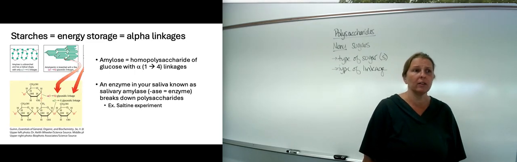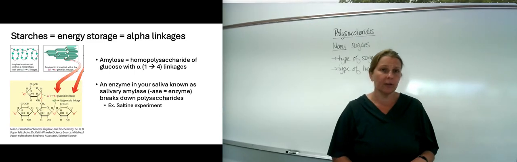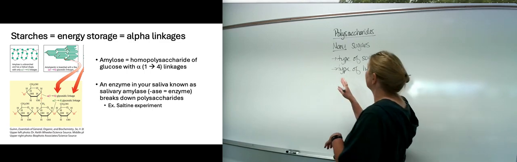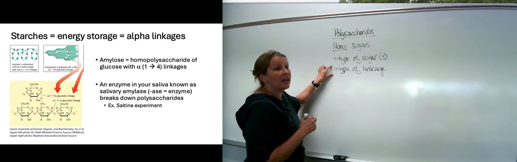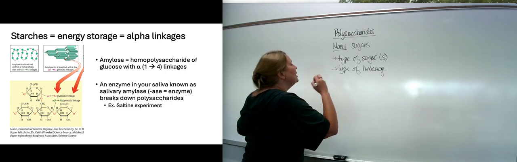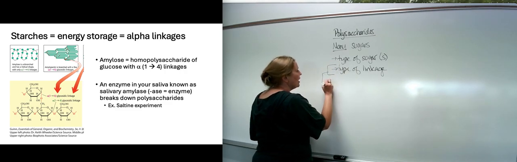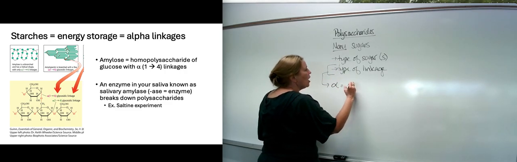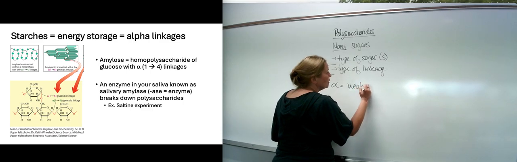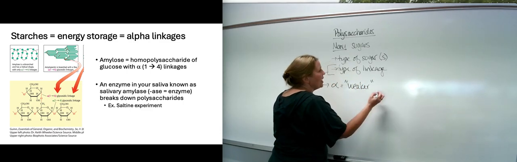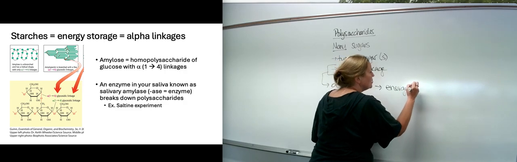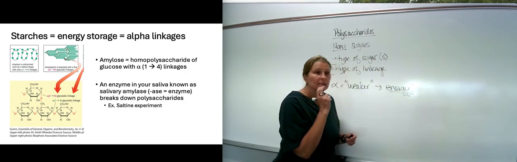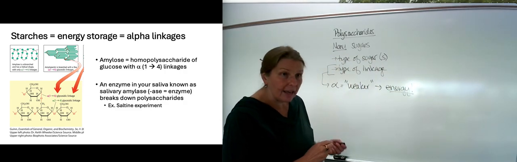If you take a look at starches, there are two types of polysaccharides. Again, many different sugars together, and it depends on the types of sugars and the types of linkages. Now, if you're looking at linkages, alpha linkages are weaker, which means they're easier to break, which means we use these for energy. These are energy polysaccharides, things like glycogen.